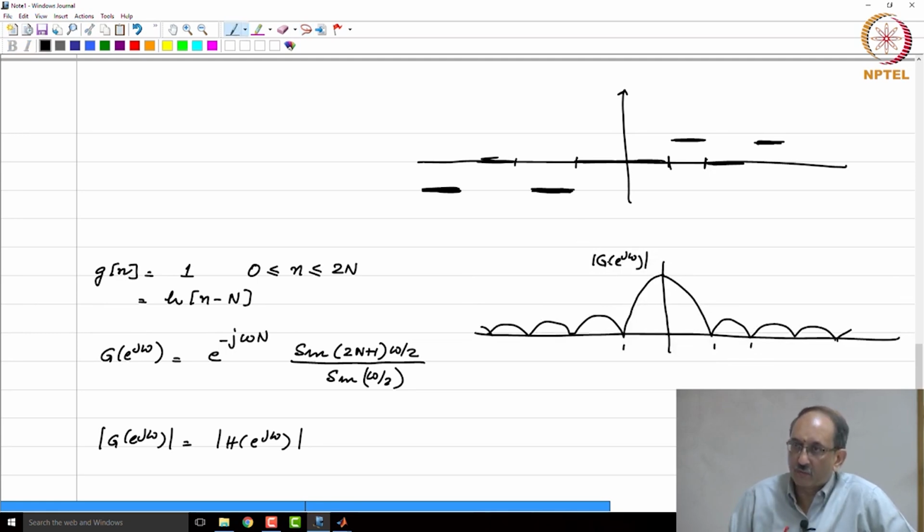So, this is the magnitude of the new sequence, identical to the earlier case.